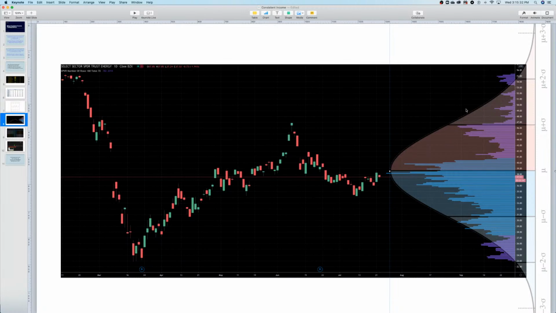It roughly follows along. In a normal distribution, these two main areas right here are where 70% of all the activity is happening. So within a period of time, we have a very high degree of probability of where price is going to go.